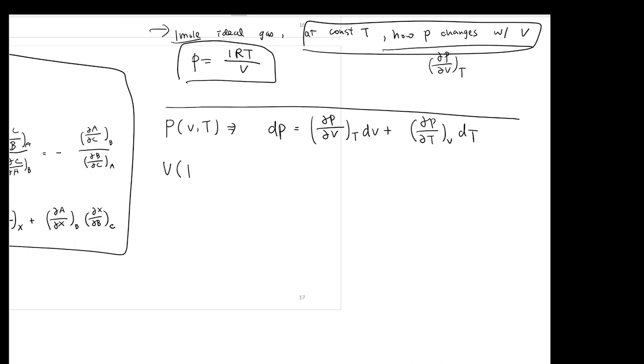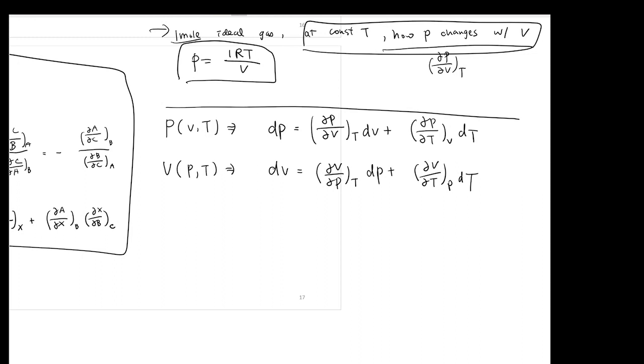I can also write V as a function of P and T, right? Therefore, I can get dV equals partial V partial P at constant T dP plus partial V partial T at constant P dT.